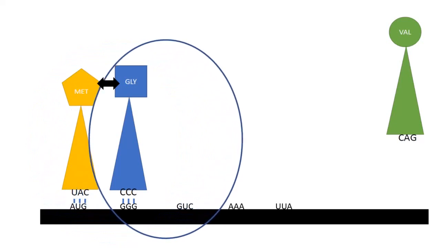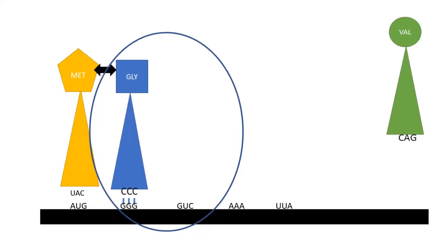What happens next is that the ribosome moves 1 codon along the messenger RNA chain so that the methionine tRNA is now outside of the ribosome, and there is an empty spot for the 3rd amino acid to come in.